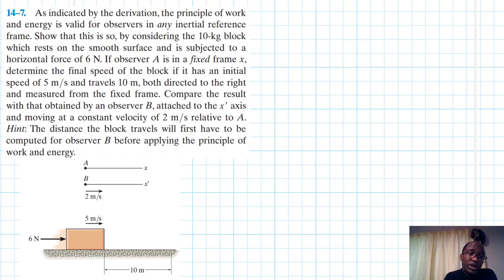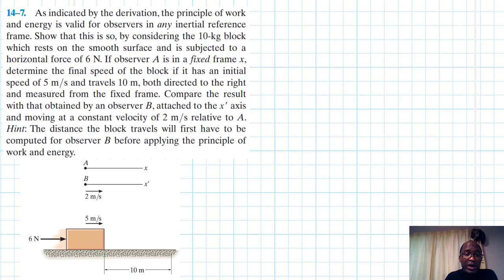The problem reads, as indicated by the derivation, the principle of work and energy is valid for observers in any inertial reference frame. Show that this is so by considering the 10 kg block, which rests on the smooth surface and is subjected to a horizontal force of 6 newtons.